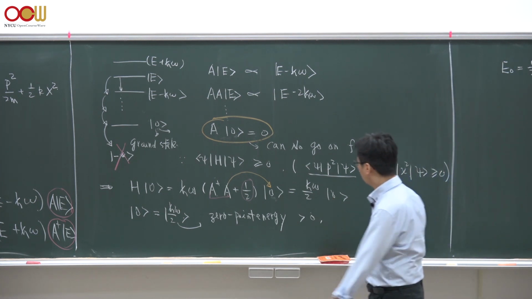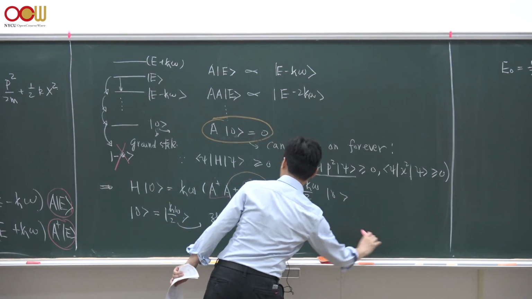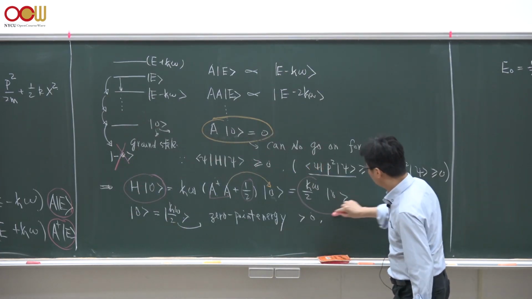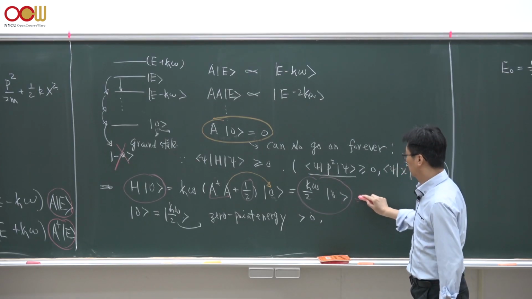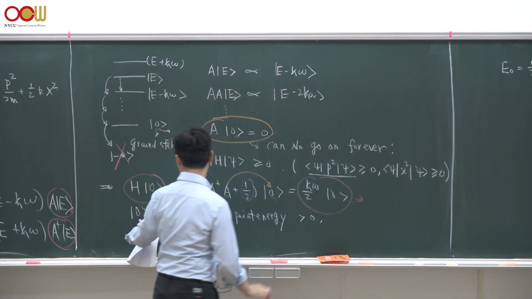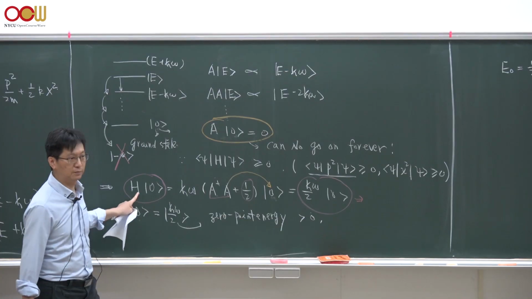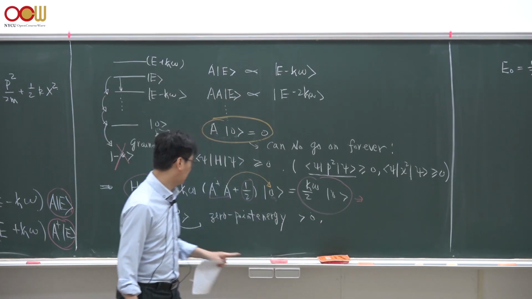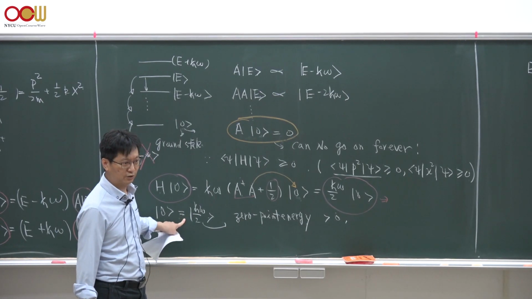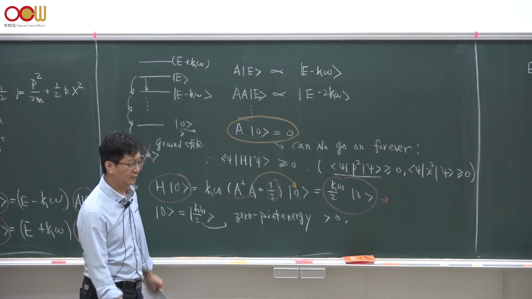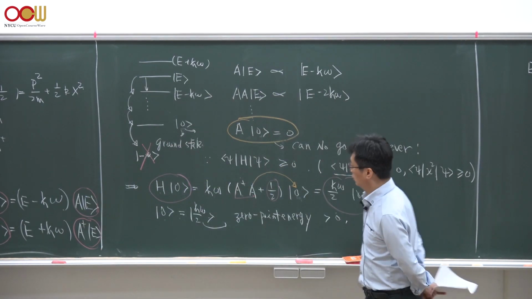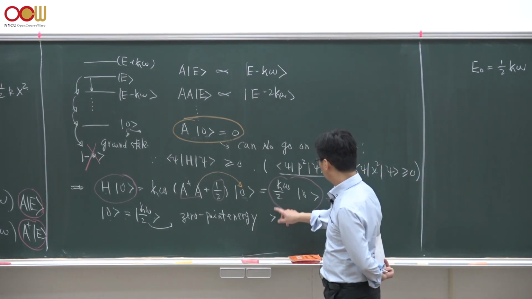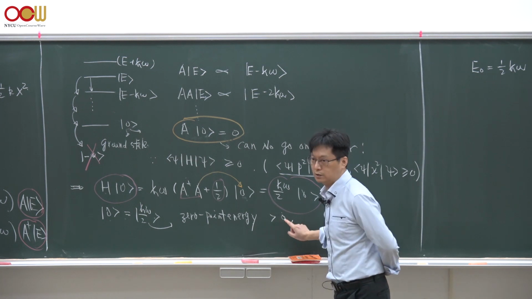Which means that if you go from the very left of the eigenvalue equation to the very right, you see that the state 0 is the eigenstate of the Hamiltonian, but what is the eigenvalue? The eigenvalue is 1/2 h bar omega. So you know immediately the eigenenergy of the ground state, which is 1/2 h bar omega, and this is a positive value.